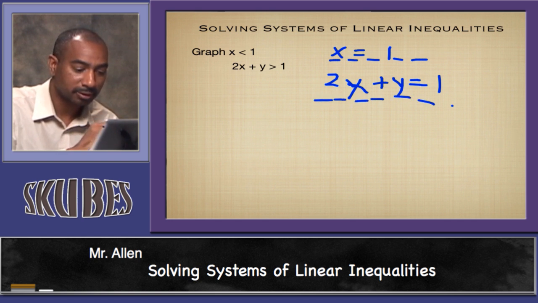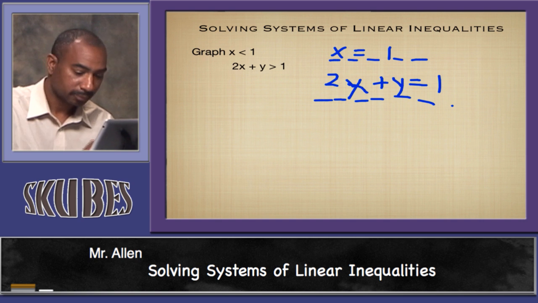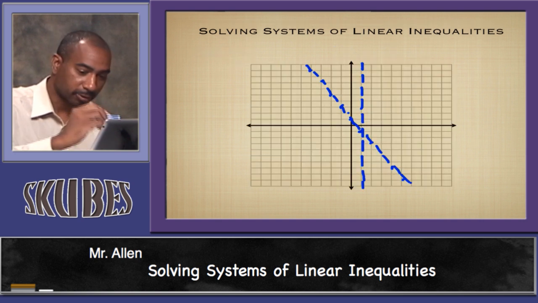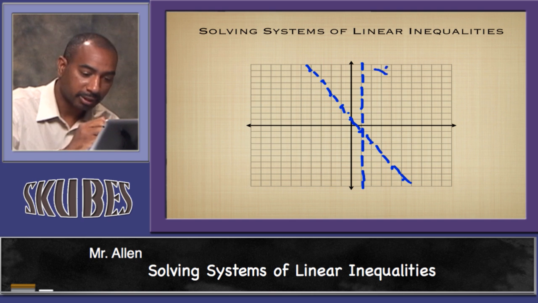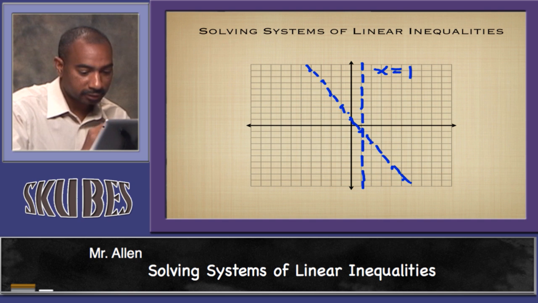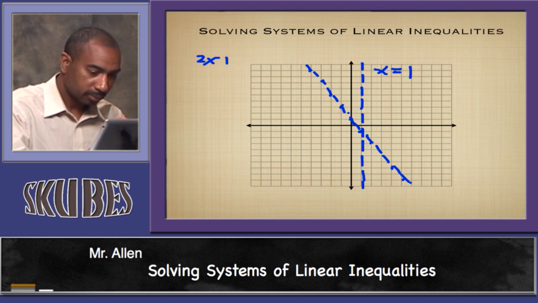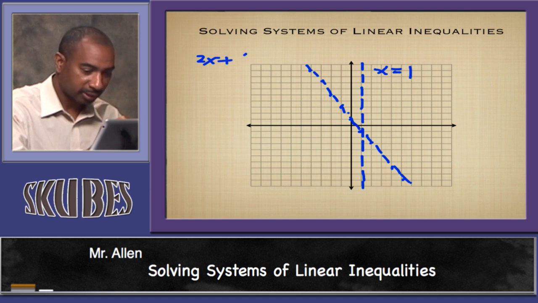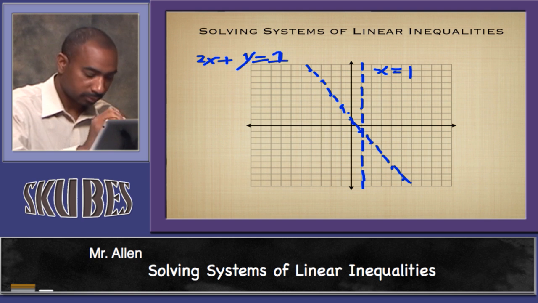This is strictly less than, this is strictly greater than. So the vertical line is the boundary line x equals 1. And the slanted line is the equation 2x plus y equals 1.